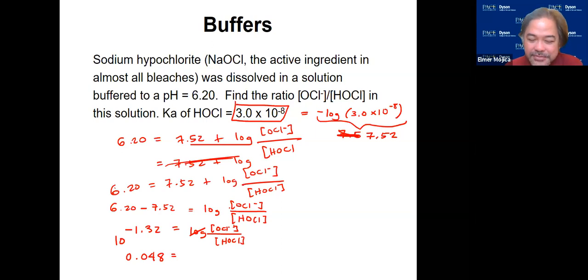Okay, thank you. So what does this 0.048 mean? Soyon, what does this number mean? Once you have this number, how are you going to interpret this?